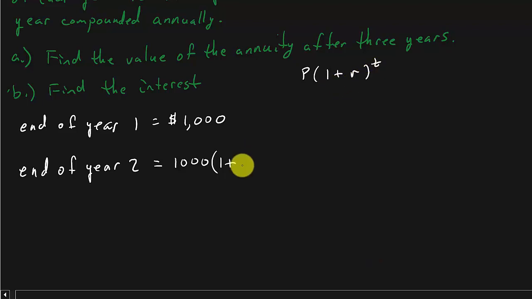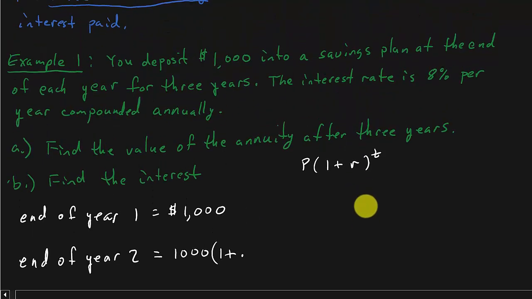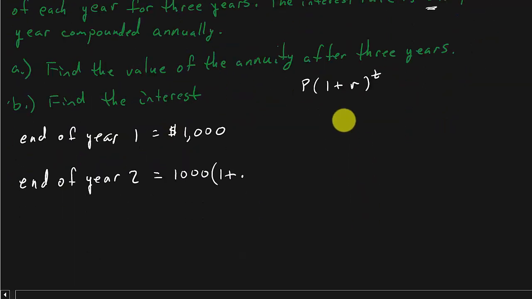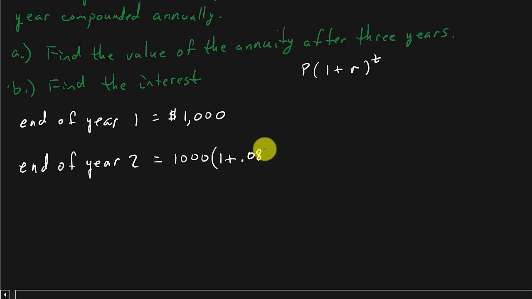So 1 plus r, which is 8%, or 0.08, raised to the t, the first power. That's the interest on this $1,000 that we put in on December 31st, and then that whole next year we're calculating the interest on that $1,000. Then we've got to add in the $1,000 that we put in at the end of the second year.